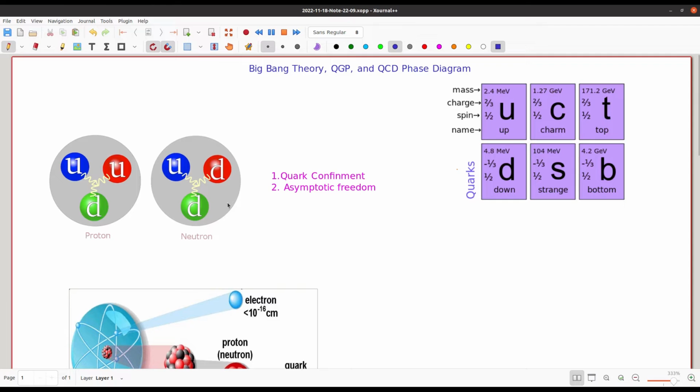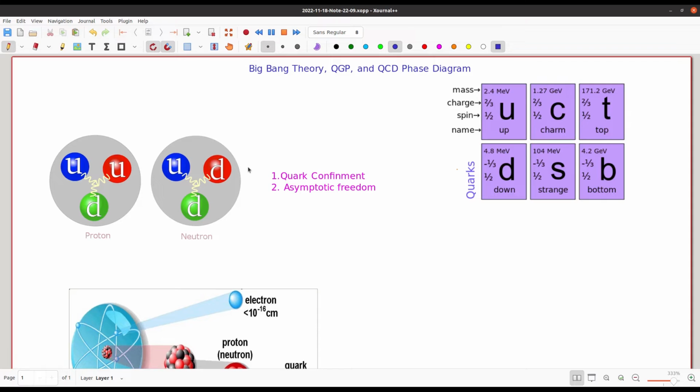If you go to the level of asymptotic freedom, in the extreme high energy limit, the quark and gluon coupling reduces, and at some point they become free. We can define a mixture where quarks and gluons are in the free state. It is known as the Quark Gluon Plasma.